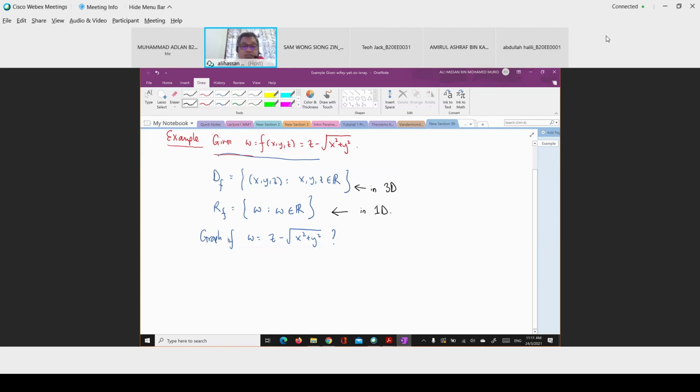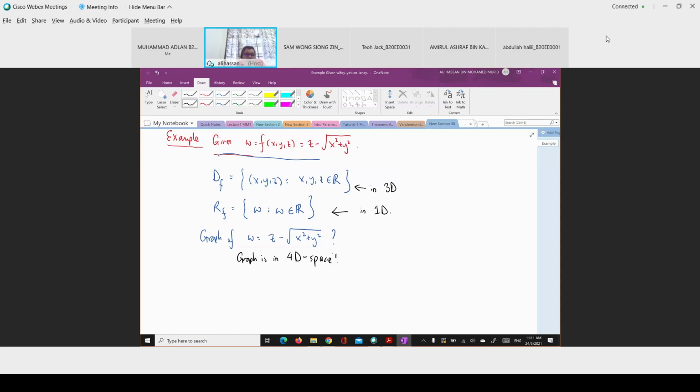So the graph must be in 4-dimensional space, right? 3 plus 1 is 4. So it is impossible to graph a 4-dimensional space in our 3D world. Yeah, we are trapped in this 3D world here. So it is impossible for us to draw a 4-dimensional graph in our 3D world.